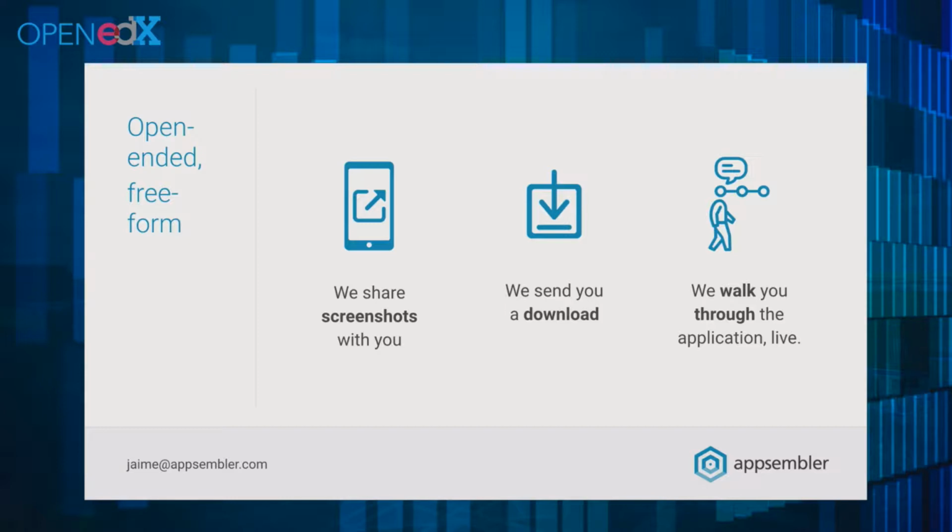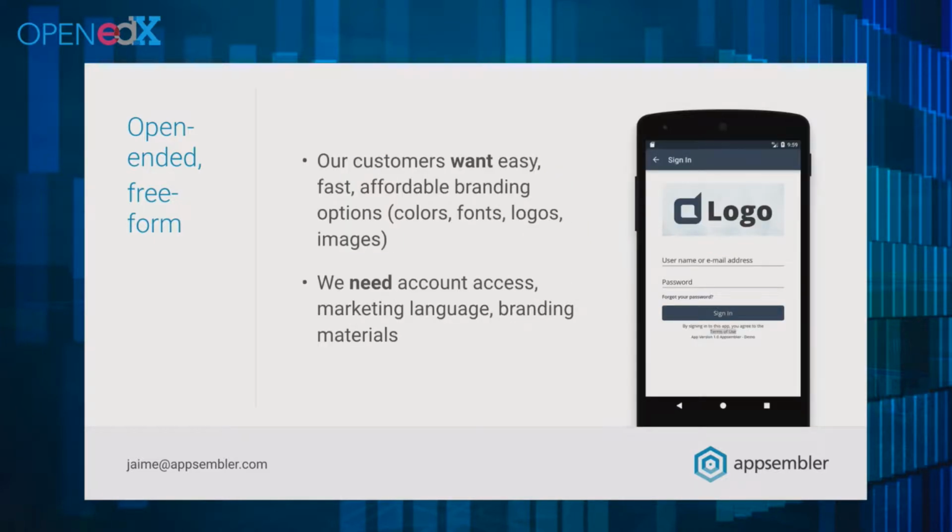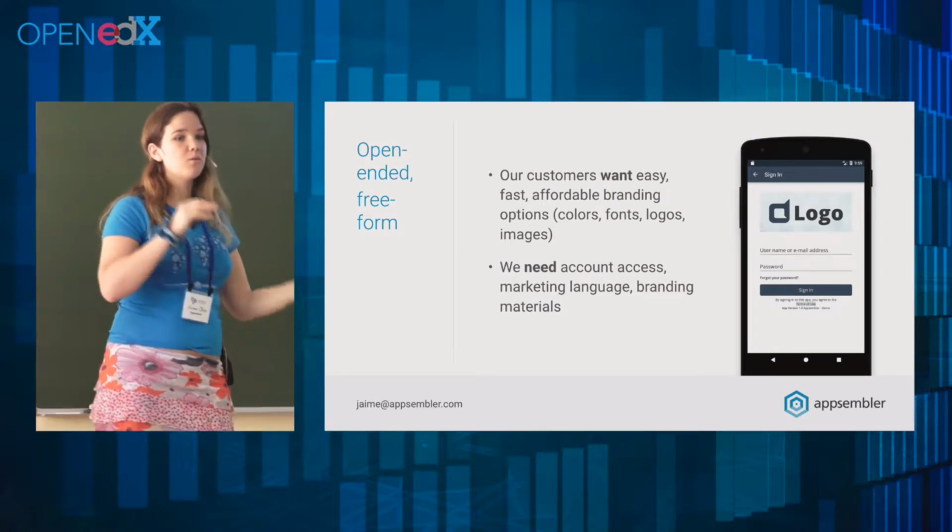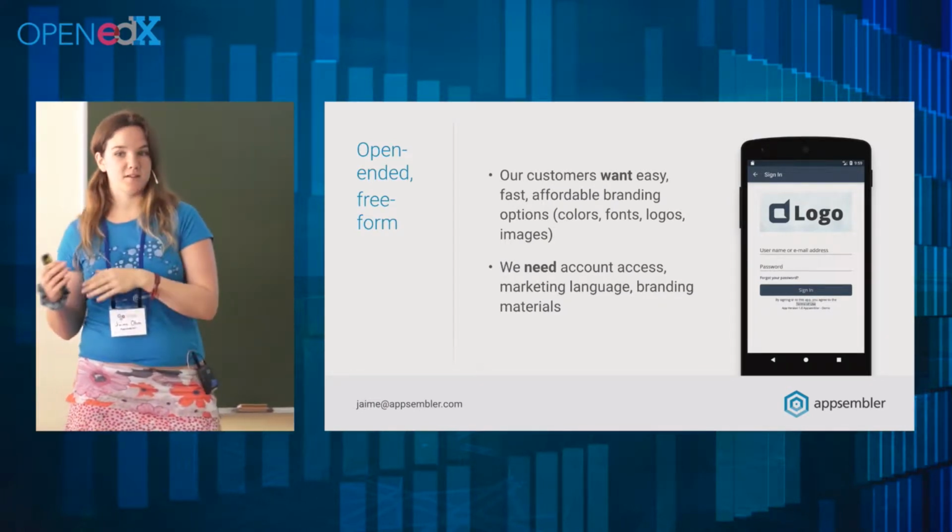So this is how we evolved our mobile offering to discover, hey, what's working, what's not working, and now we have a more standard idea of that. From our first few customers doing this process, we did learn some things. So this year, one of my primary goals was to enable more access to the Open edX platform.